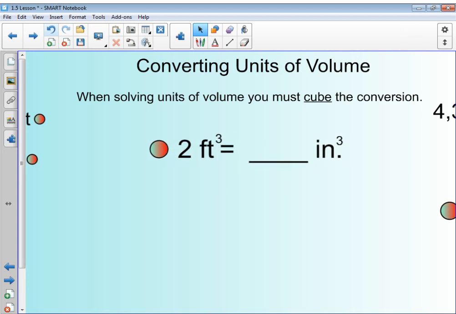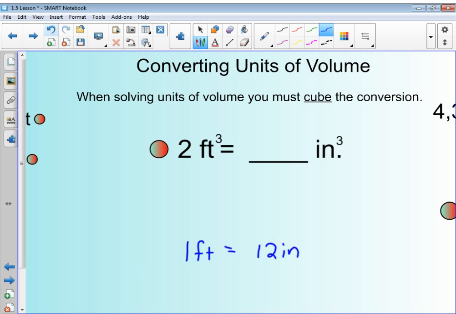Okay, so we have 2 feet to inches. So 1 foot equals 12 inches. Make sure you're matching units. So go ahead and pause your video and work your way through this, just remembering that you are working in volume. So that's your visual cue as to what you need to do.